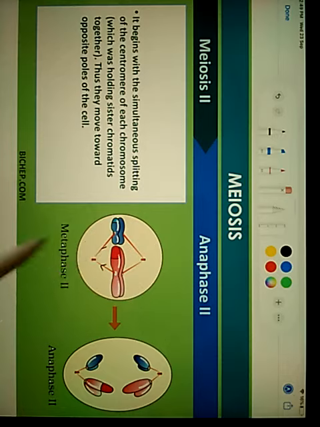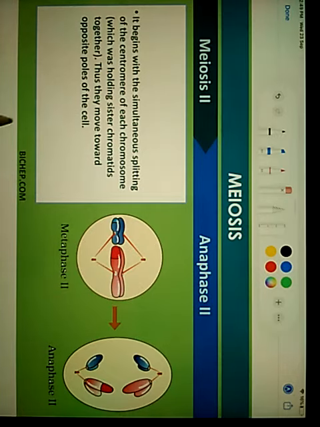This way both sister chromatids are first splitting, then moving toward their respective poles, either north pole or south pole, and that is the end of anaphase. It begins with simultaneous splitting of the centromere of each chromosome, which was holding sister chromatids together.